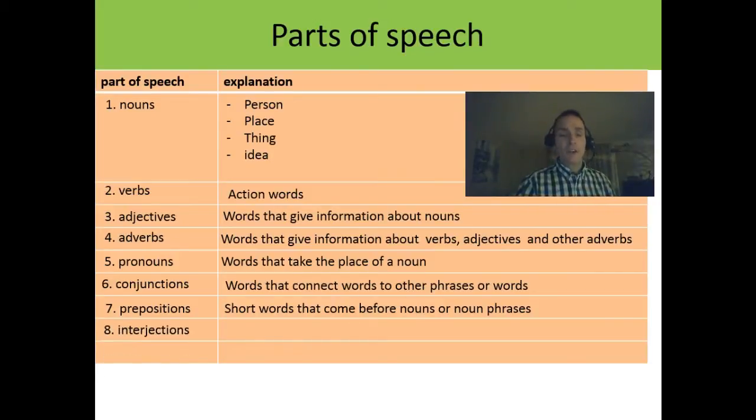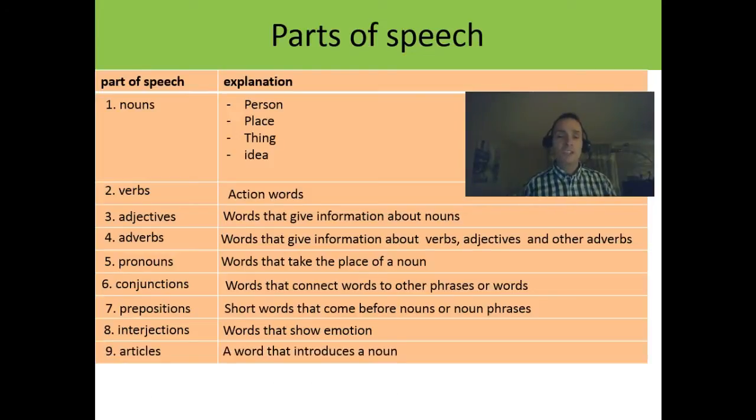Number 8, interjections. And these are words that show emotion. Number 9, articles. And these are words that introduce a noun. So the 9 parts of speech are nouns, verbs, adjectives, adverbs, pronouns, conjunctions, prepositions, interjections, and articles.